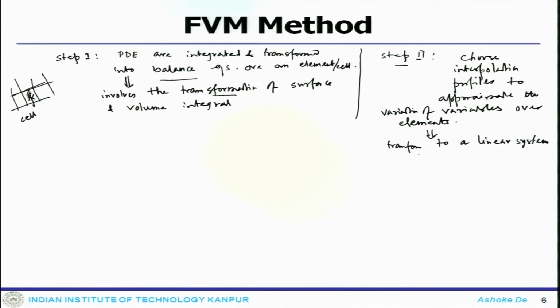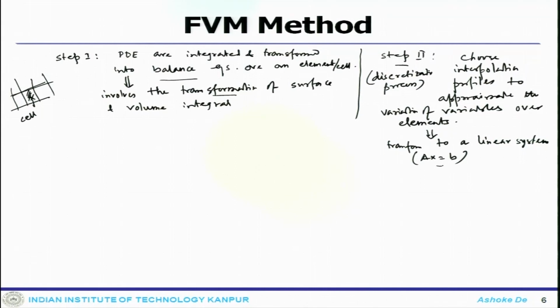Essentially here you get back the linear system, Ax equals b. The whole idea of the second step is your discretization process. With this discretization process, you convert all this system to the linear system, and finally you solve for it.